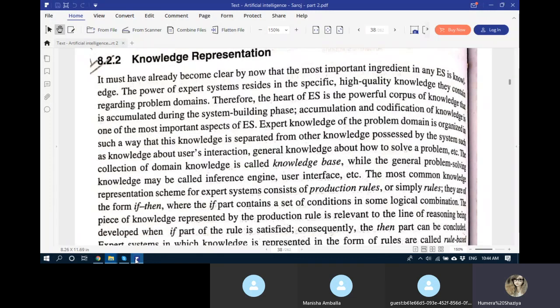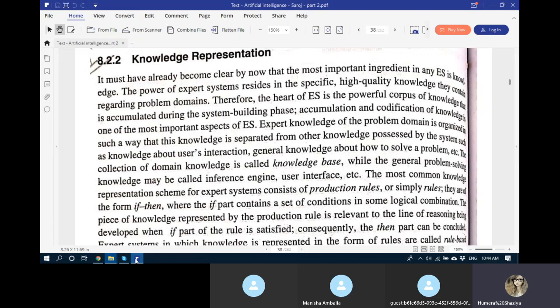The knowledge engineer has to represent the knowledge for a computer program. So how can a knowledge engineer represent the knowledge in a computer program?